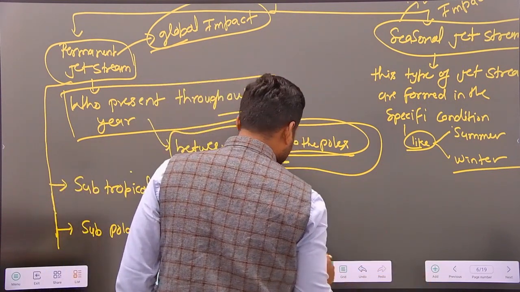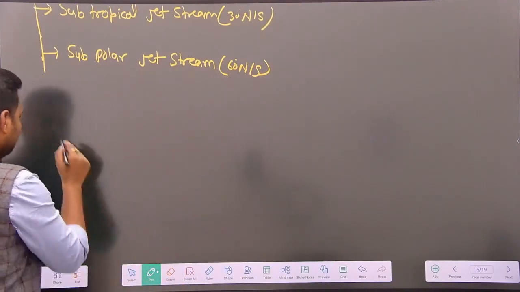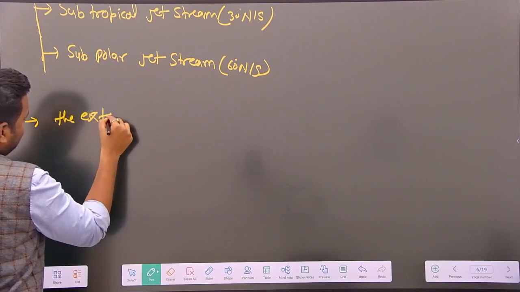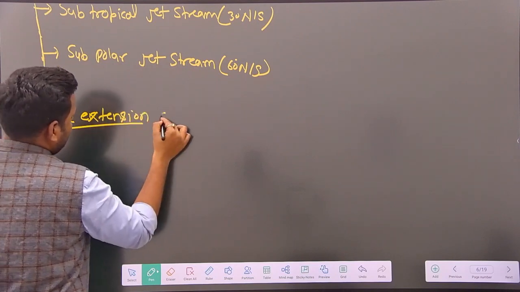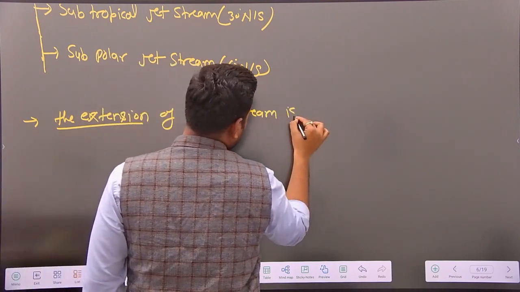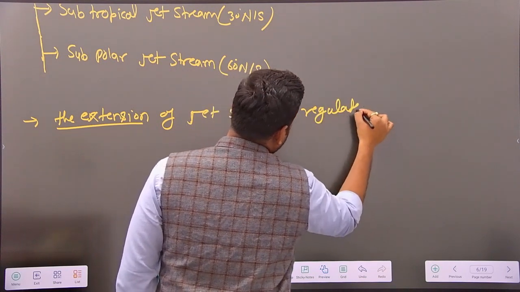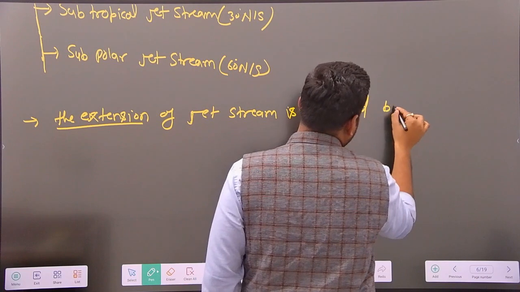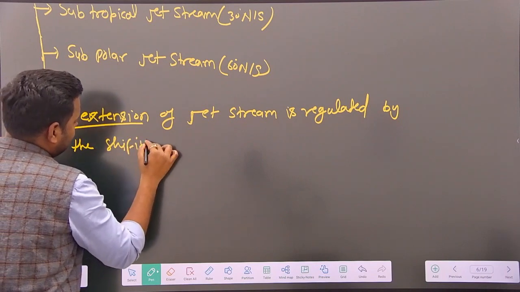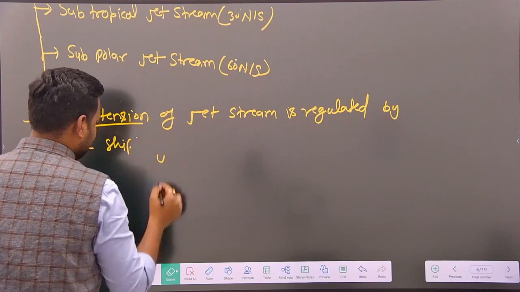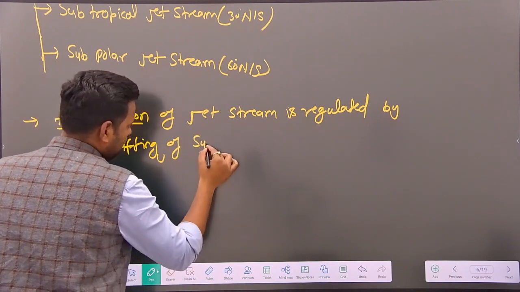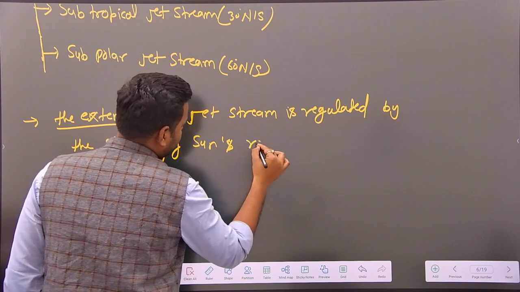But one thing which is notable: the extension of the jet stream is regulated by the shifting of the sun's rays.